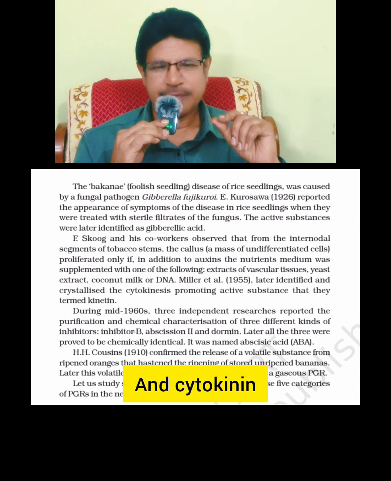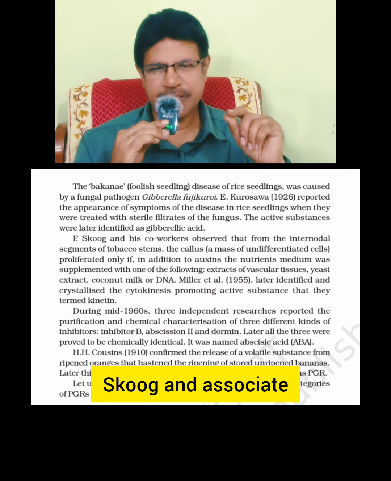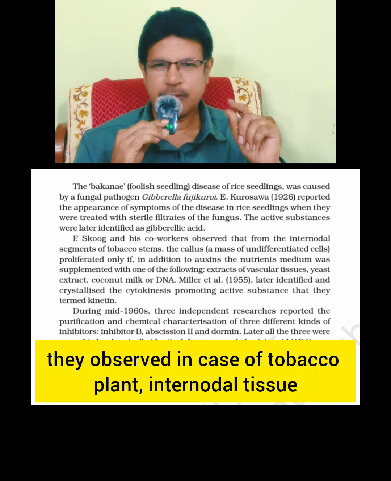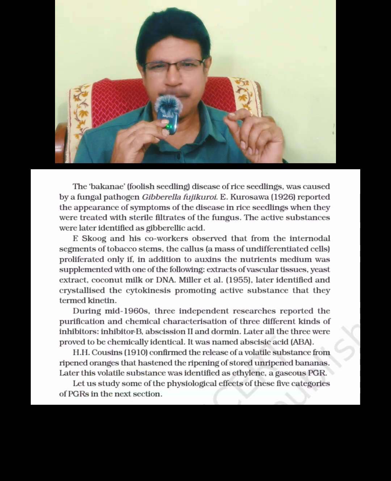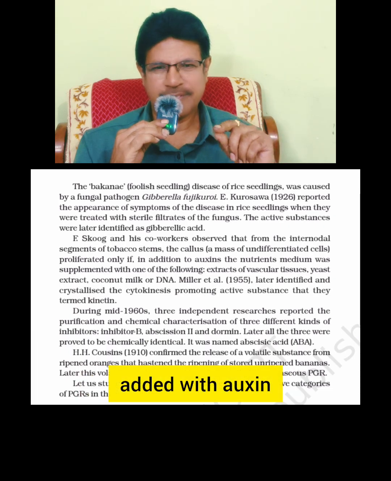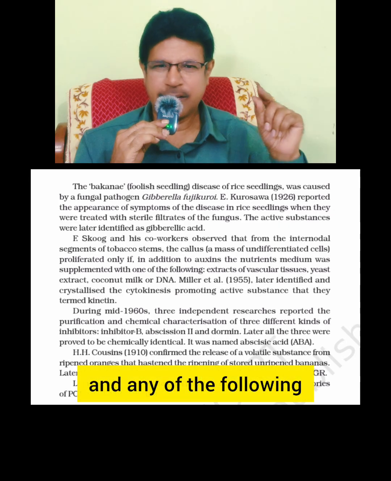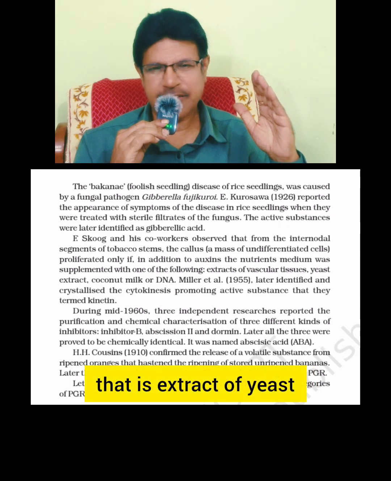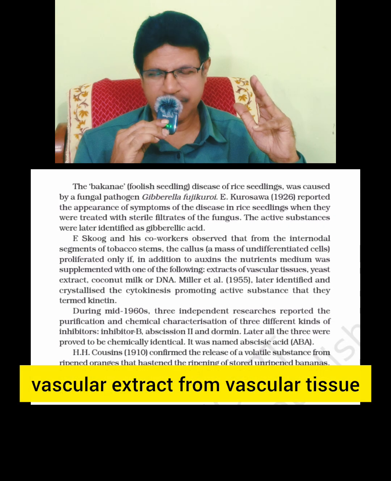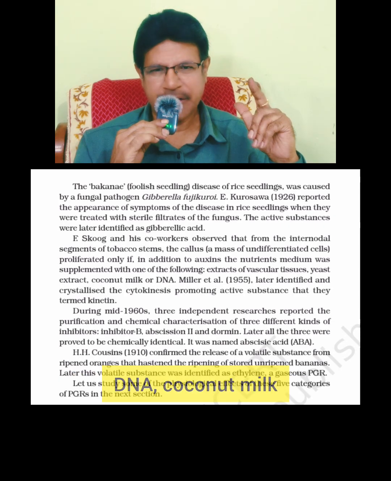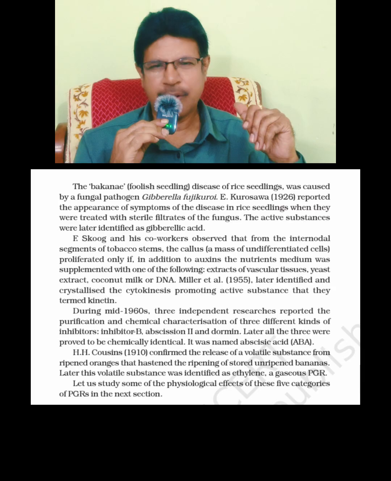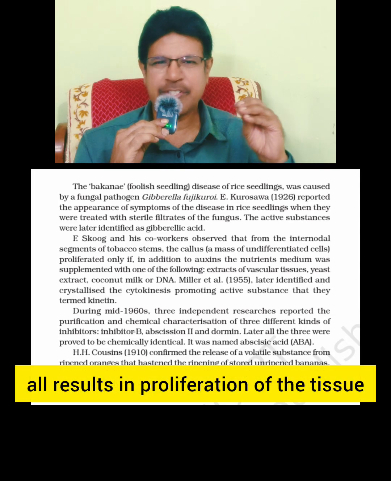Next, cytokinin. Skoog and associates observed in tobacco plant, internodal tissue, that is medullary tissue, when added with auxin and any of the following, extract of yeast, extract from vascular tissue, DNA, or coconut milk, all result in proliferation of the tissue.